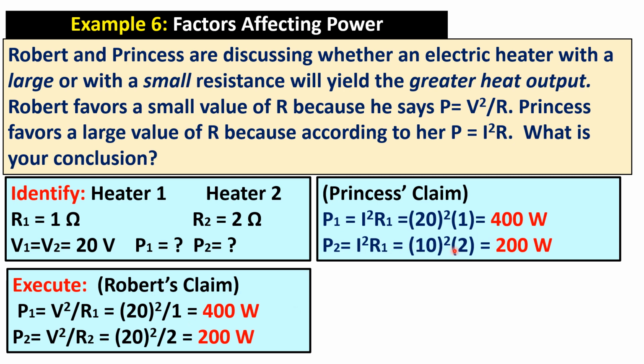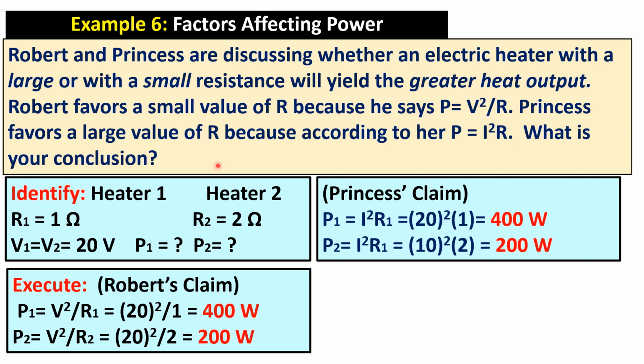The same power output was produced, 200 watts. But again, who between Robert and Princess is actually correct? P1 refers to the heater with the lower resistance, while P2 refers to the heater with the higher resistance.